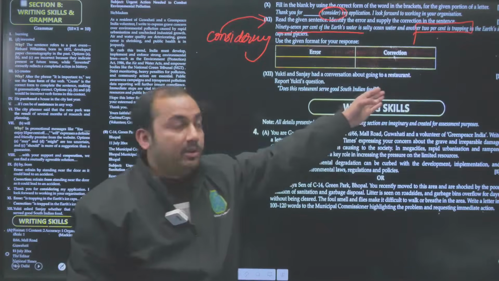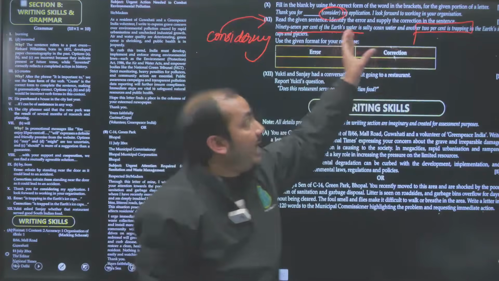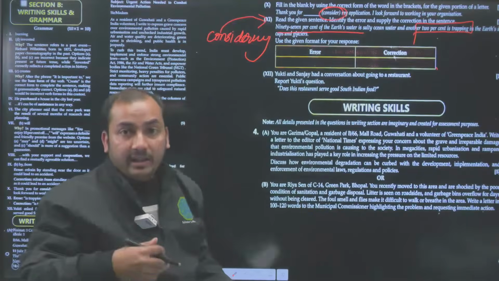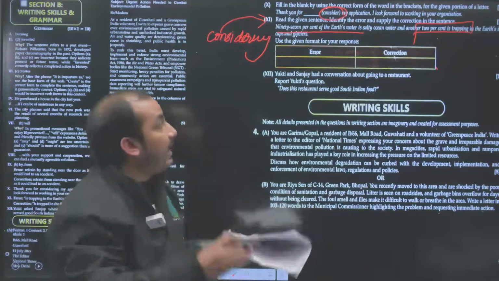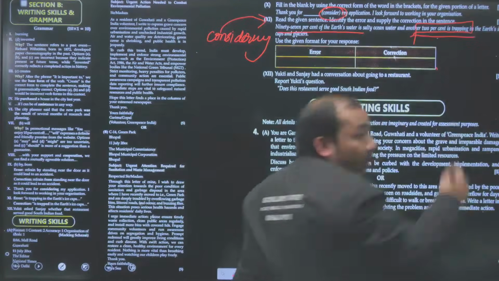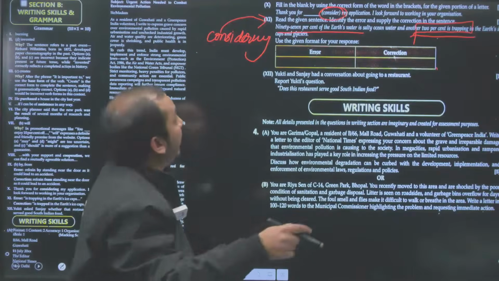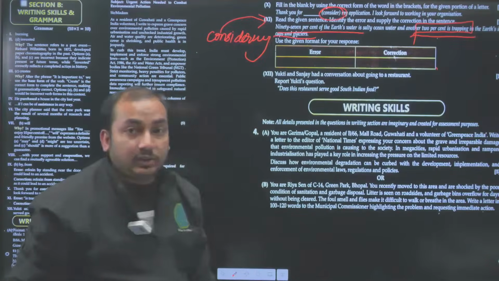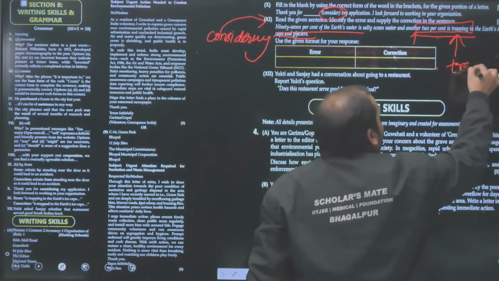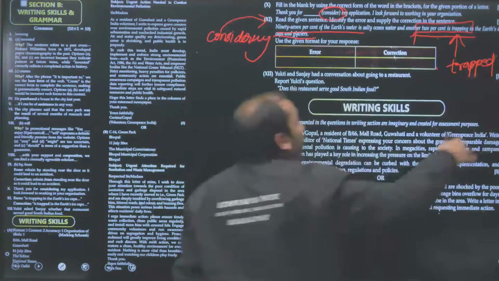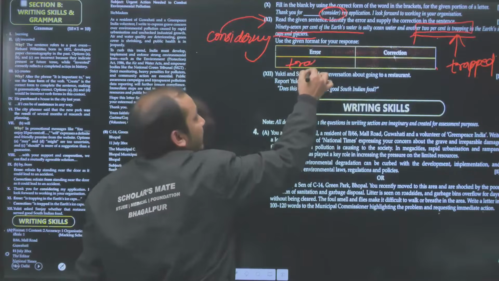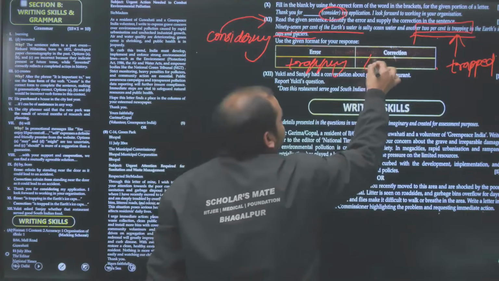We are not saying that the water is trapping. The statement is about the water which was trapped under the Earth's ice caps and glaciers. So the accurate word that should be used here is trapped, not trapping. Also, this sentence is in the passive voice. So instead of writing trapping, we have to write trapped.